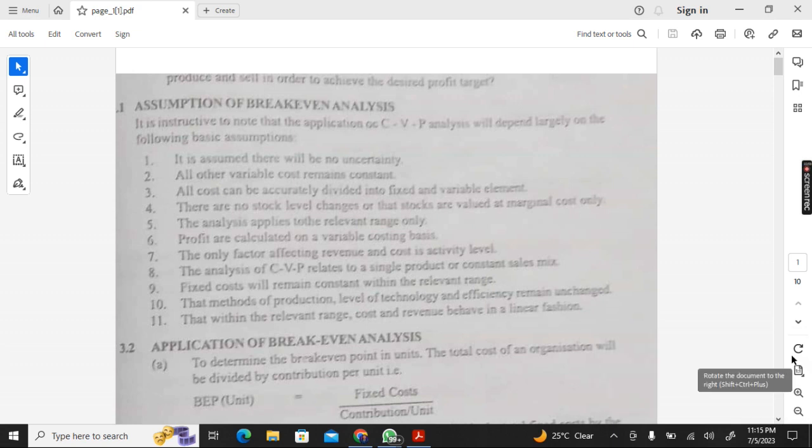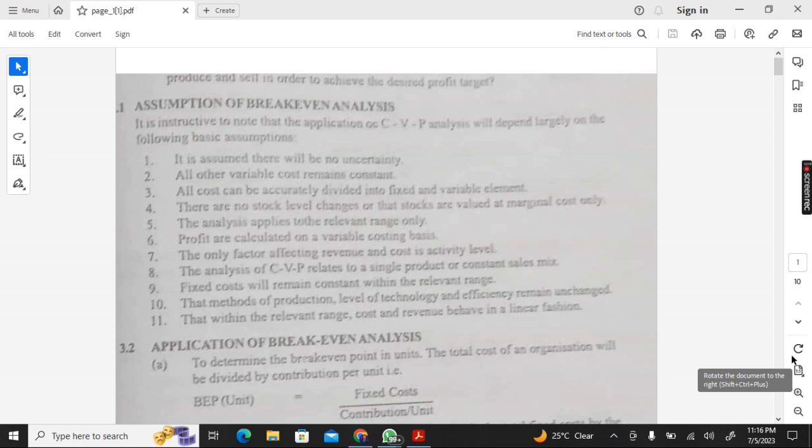I've come across it in some past questions, so the assumption is something we should absorb and understand very well. In the assumption, it is assumed there will be no uncertainty. Certainty is that it will surely happen.